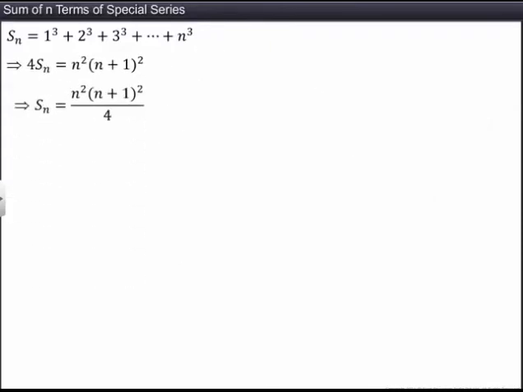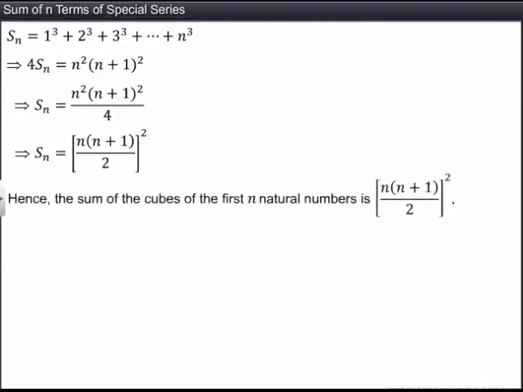This implies Sn is equal to n into n plus 1 divided by 2 whole square. Hence, the sum of the cubes of the first n natural numbers is equal to n into n plus 1 divided by 2 whole square.